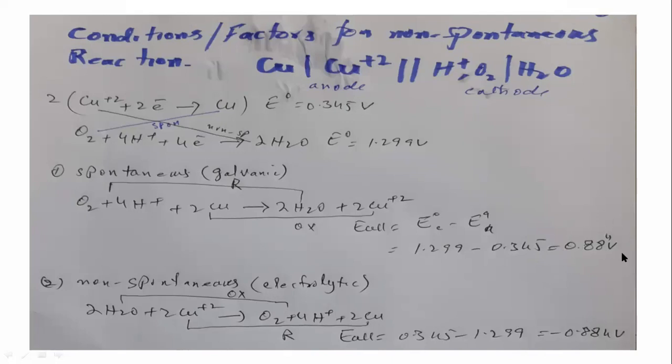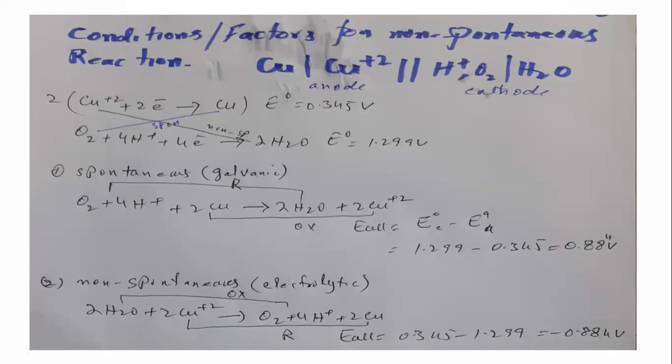So a plus value indicates that this is the spontaneous reaction and this will occur and will give you the energy of 0.884. And this reaction shows that you need 0.884 potential to make this reaction possible, because this is the non-spontaneous reaction, and non-spontaneous reaction means this energy has to be provided to this cell to make it a possible reaction.